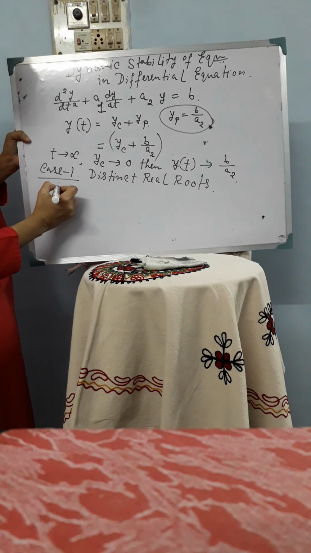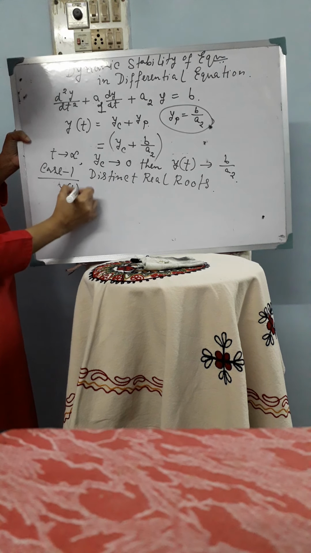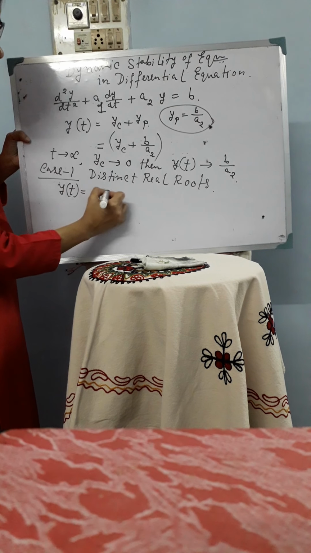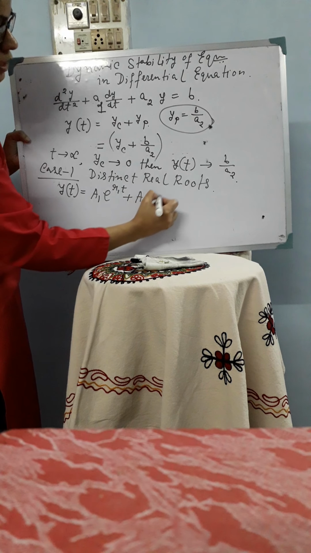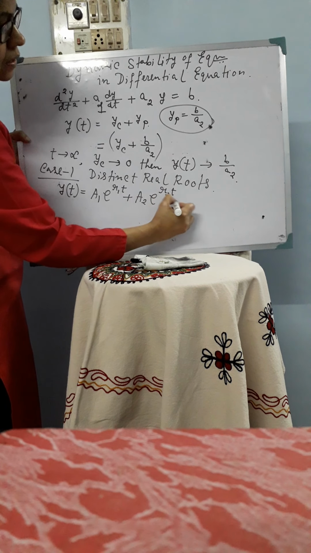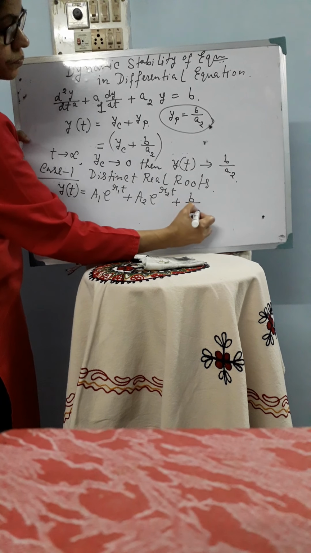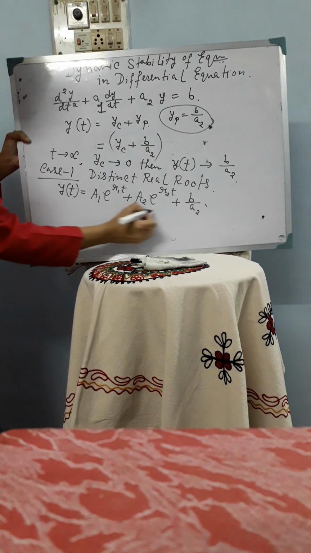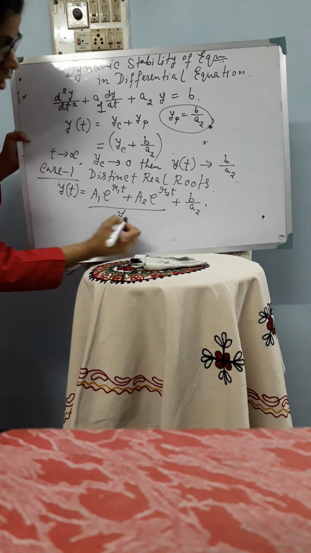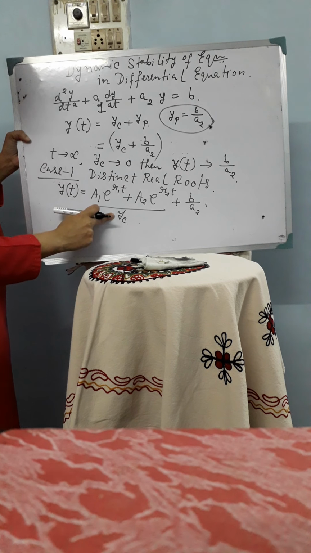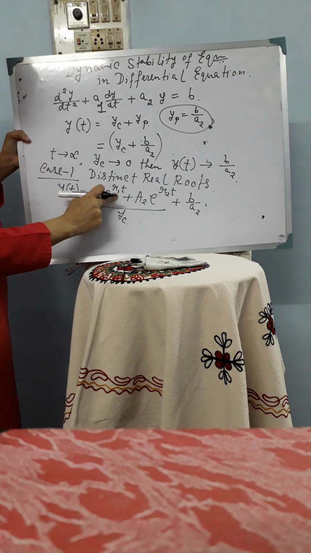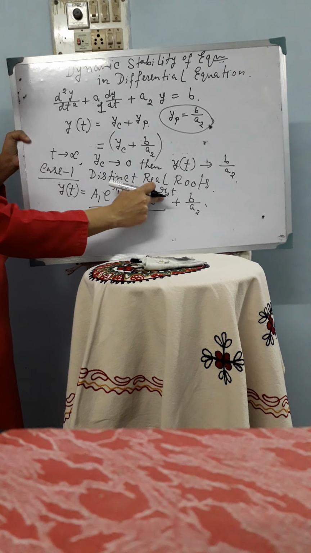When the roots are real and distinct, then y(t) equals a1 e to the power r1t plus a2 e to the power r2t plus b by a2. So this is yc. Now this yc tends to 0 when both r1 and r2 are less than 0.